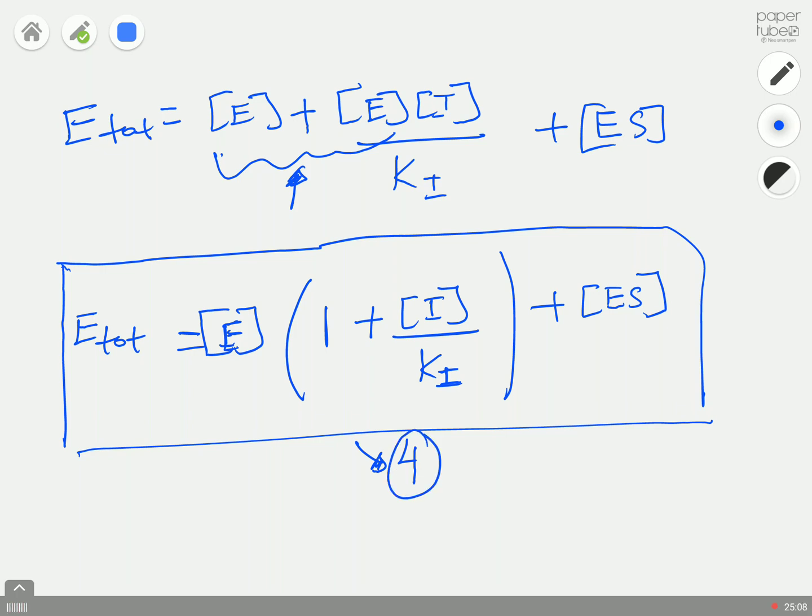Let's check what we have here. Km multiplied by, this is so far good. Just checking what I'm doing now. I think this part is okay to me.